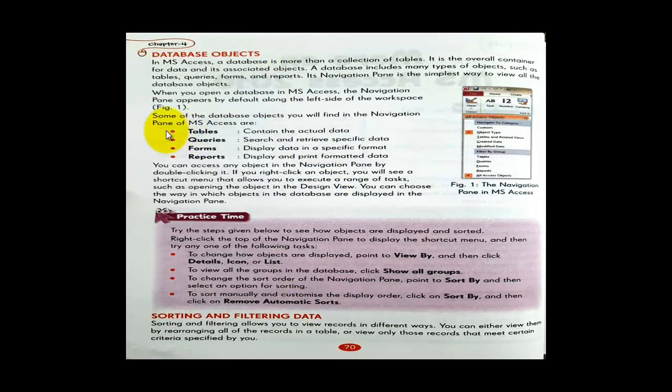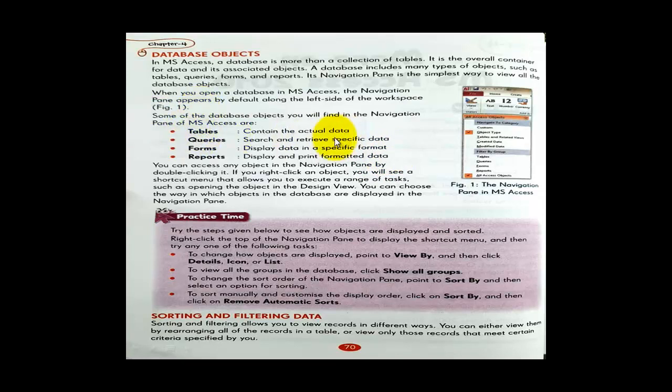And after that, database objects. Now you can underline this. Some of the database objects you will find in the navigation pane of MS Access are: tables, that contain the actual data; queries, search and retrieve specific data; forms, display data in a specific format; reports, display and print formatted data. You can underline it from here till here.